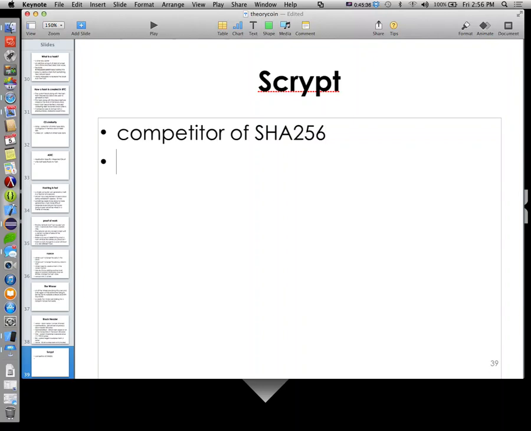One of the main advantages of Scrypt, just at the high level, is it was what was called ASIC resistant. Application specific integrated circuit resistant.